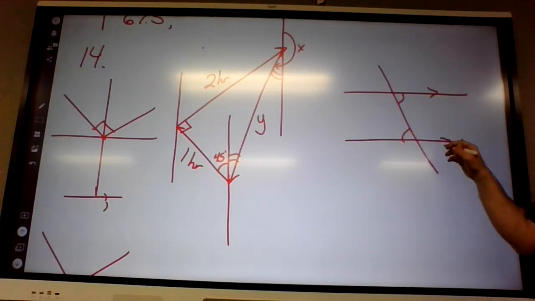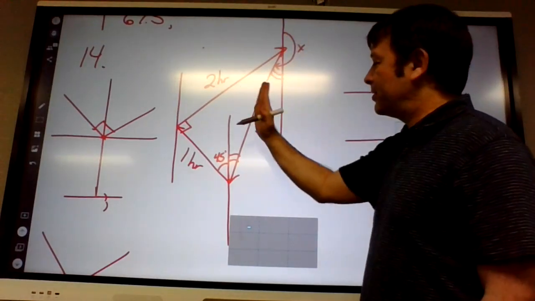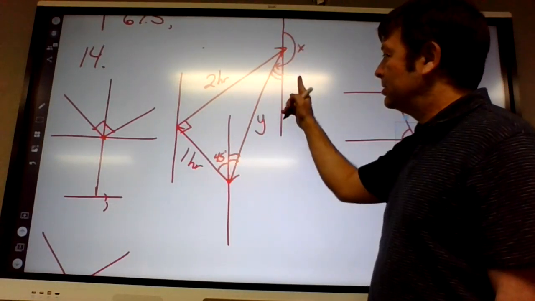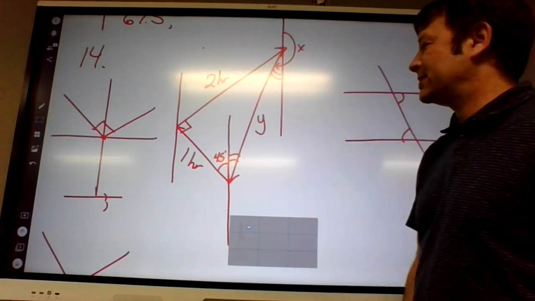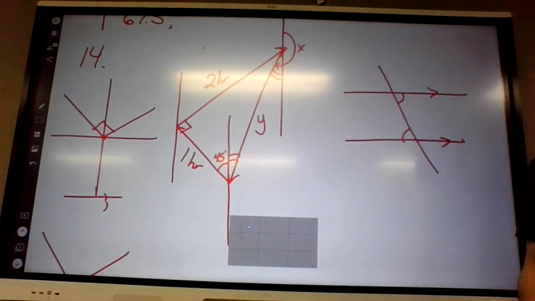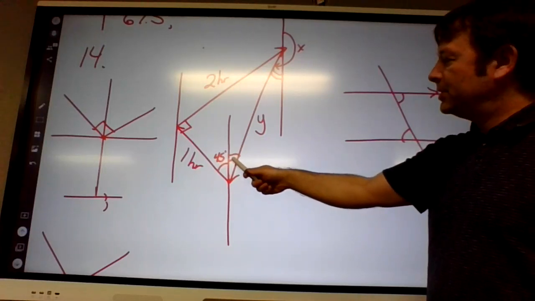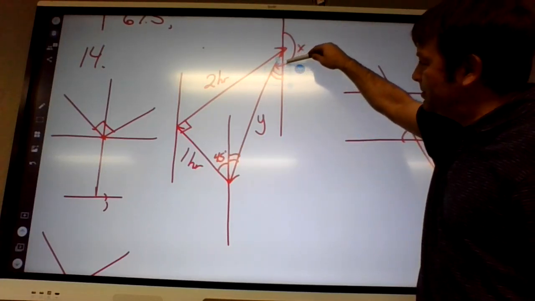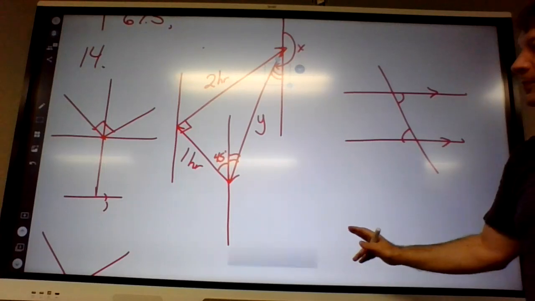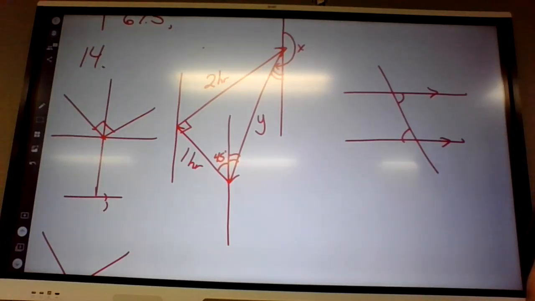If the lines are parallel, alternate interior angles are congruent. So my north-south lines are parallel, and these are alternate interior angles. They don't just look the same, they are the same. So if I can find this angle, or this angle, I can do 180 degrees plus that angle, and that will give me the bearing. That's the harder part.